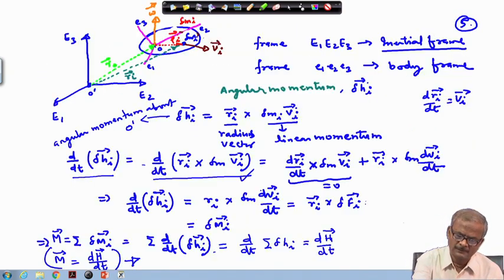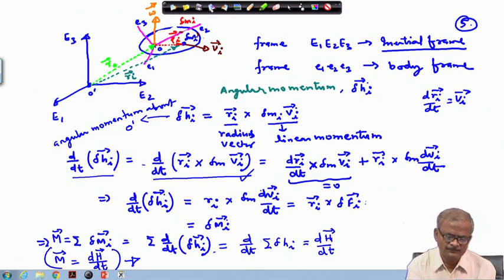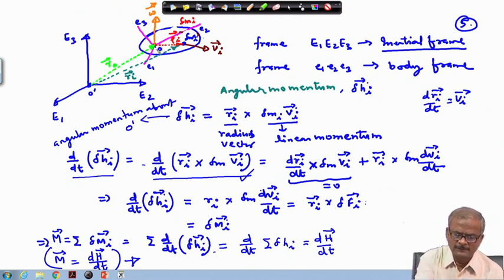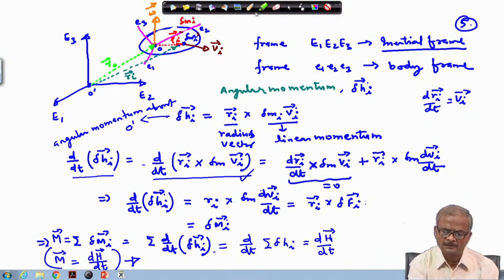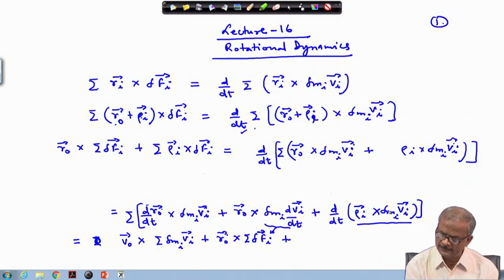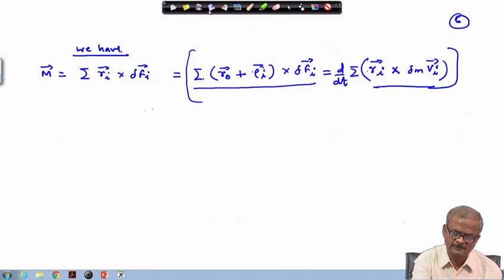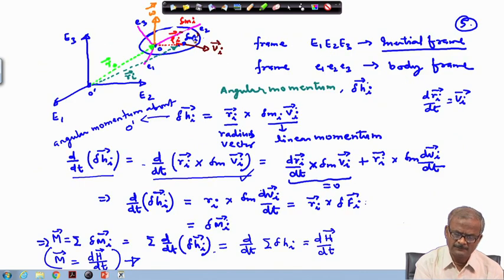Going back to the previous lecture, this is your rho_i, from this place to this place, and rho_i times delta m times v_i. Delta m is the mass and v_i, so this is the linear momentum. This distance times the linear momentum gives me the angular momentum about this point O.